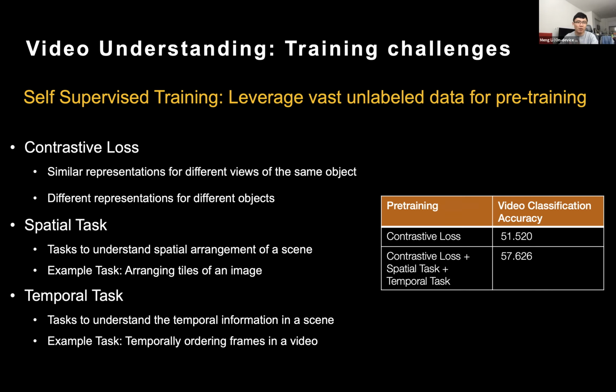In terms of the temporal task, we can temporally reorder the frames in the video and then train the backbone to recover the correct order or sequence. And as shown on the right-hand side for the comparison, by adding the spatial and temporal tasks, we are able to increase the network accuracy by more than 6%.